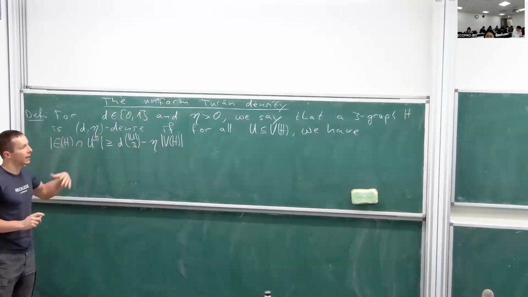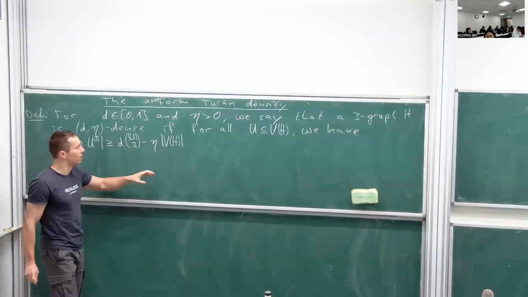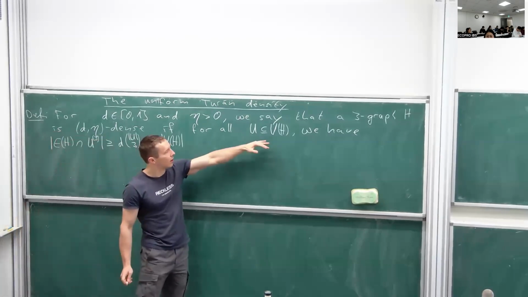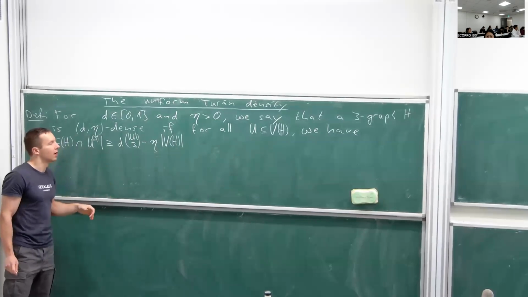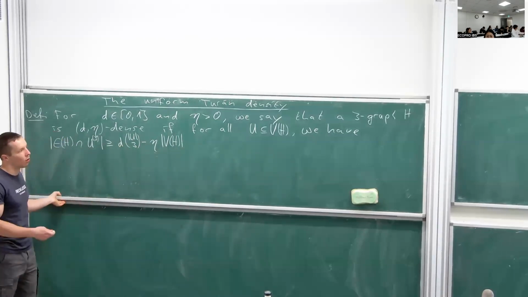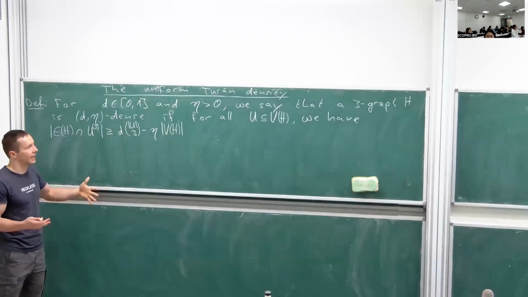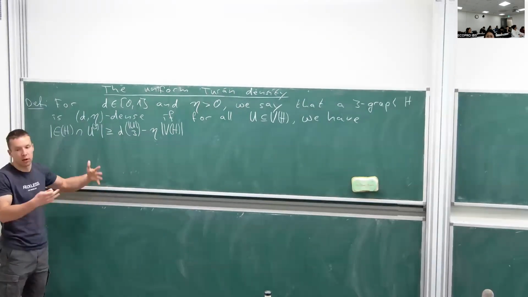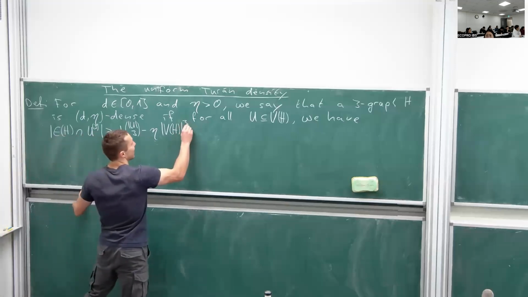Essentially equivalently, up to changing the constants, we could say this property should only hold for sets which are at least of size some eta prime times the size of the vertex set.